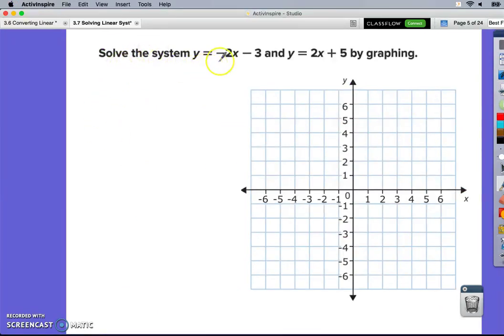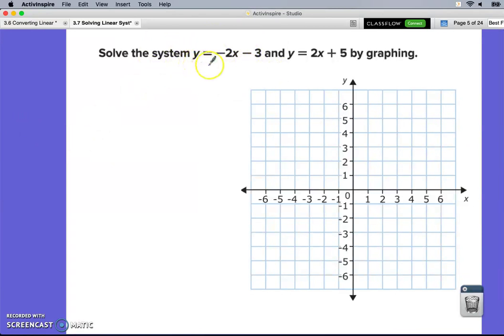All right, so solving the system y equals negative 2x minus 3 and y equals 2x plus 3 by graphing. So first, let's use blue. We're going to solve this equation first.